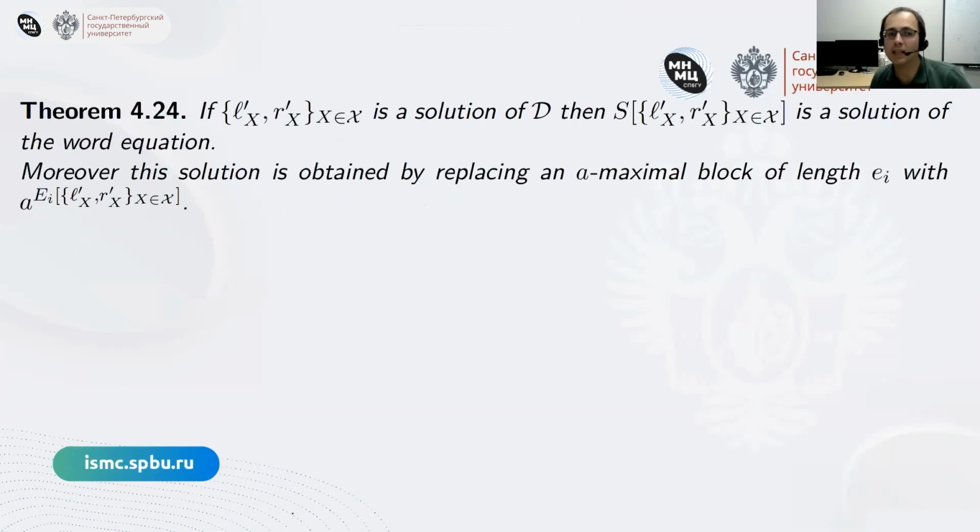But this also works in the other direction: if we have any other solution of the system of equations D that we constructed, then this parameterized solution, in which we substituted the variables with those actual values, turns out to be a true solution of the word equation. And why is that? Well, because of the second part.